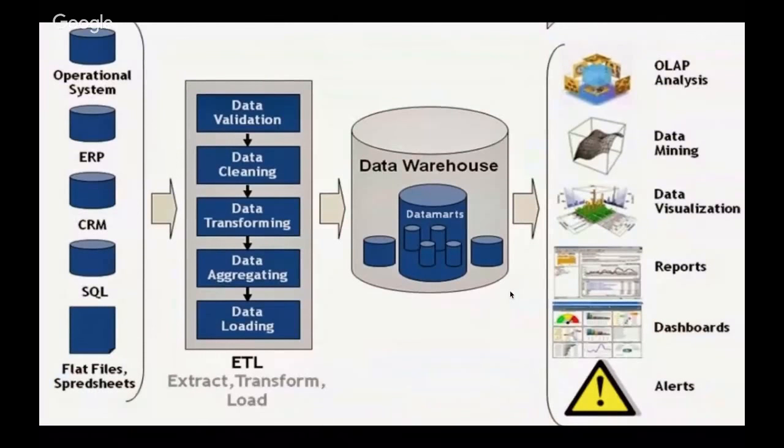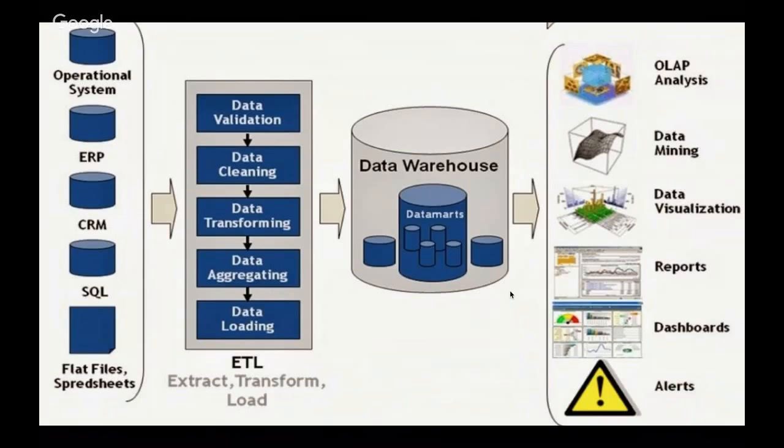Here you see we have a complete model showing the ETL working system. At the extreme left, we have a few data sources, which are operational systems, ERP, CRM, SQL, flat files, spreadsheets, or any kind of data sheets.